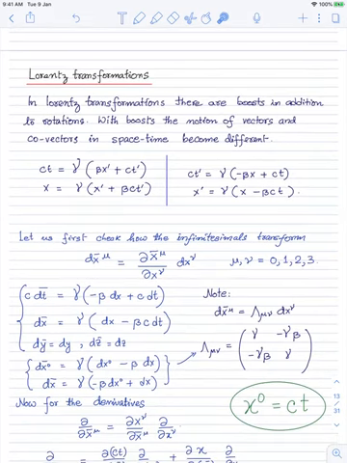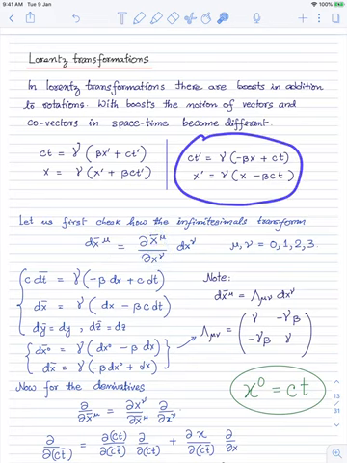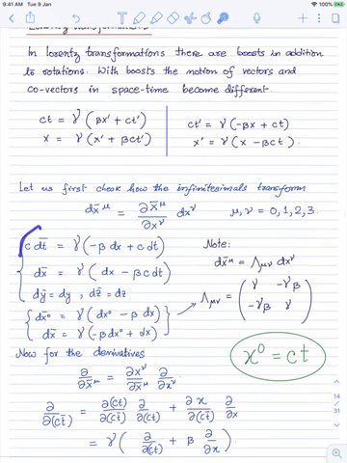So let's first check how the infinitesimals transform. The infinitesimal must transform in this way, with the x bar mu on top and del x mu. So I have to use this expression to find what the infinitesimals are. Also I must say that now I'm using a different index notation.